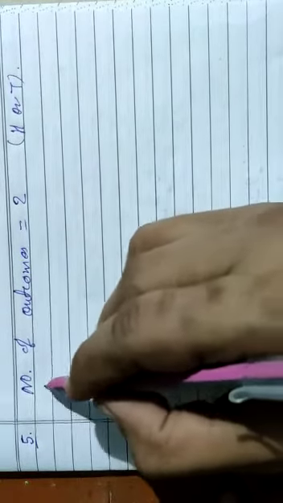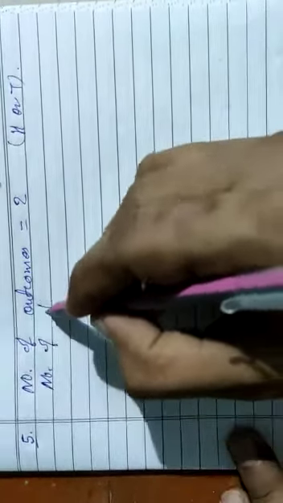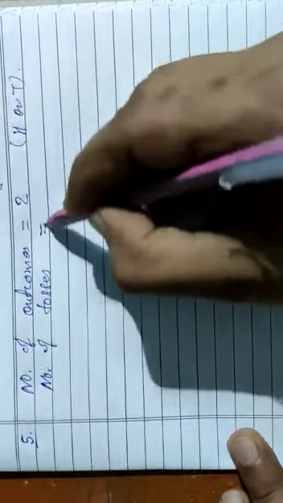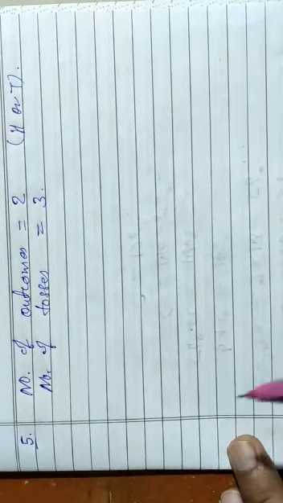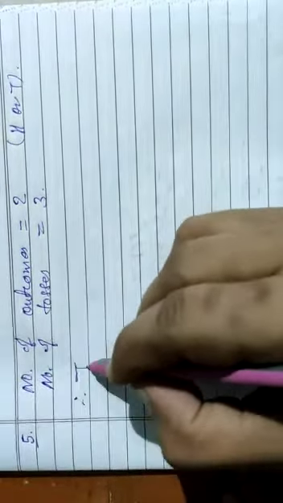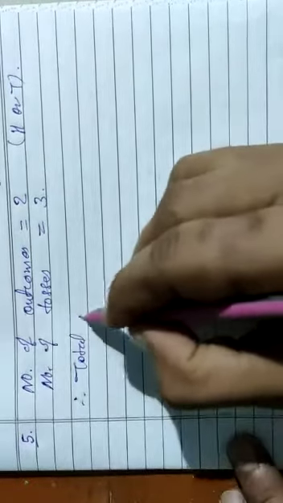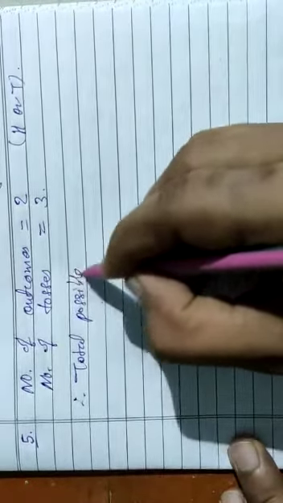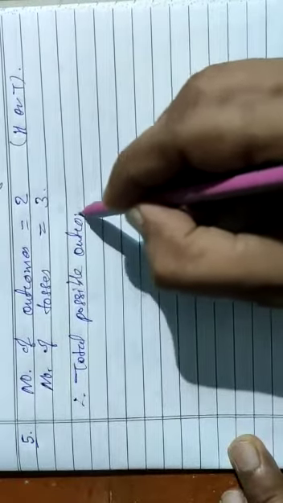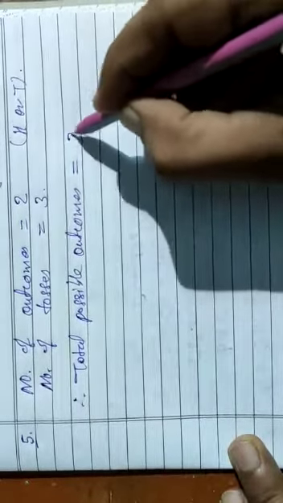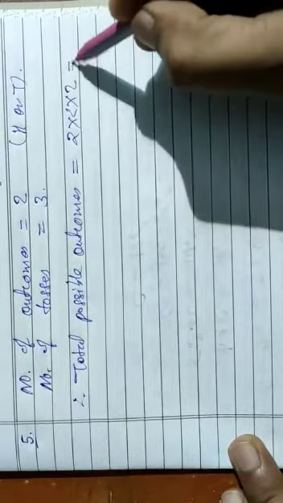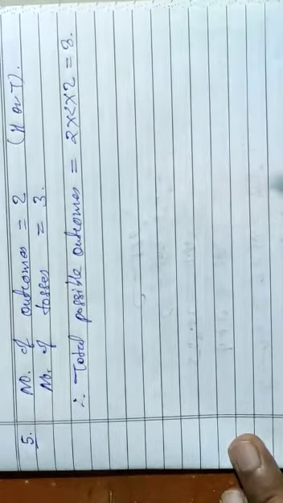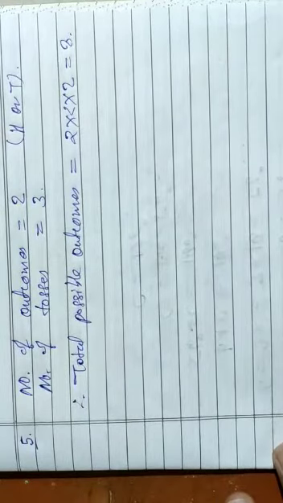The number of tosses is 3. So therefore total possible outcomes, 2 into 2 into 2, 3 times. So 2 twos are 4, 4 twos are 8. So total possible outcomes 8.